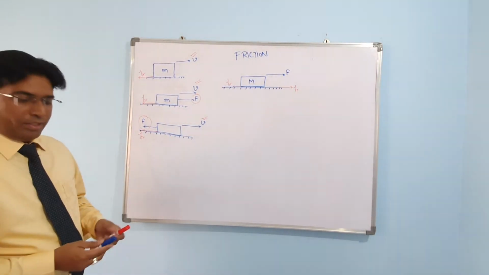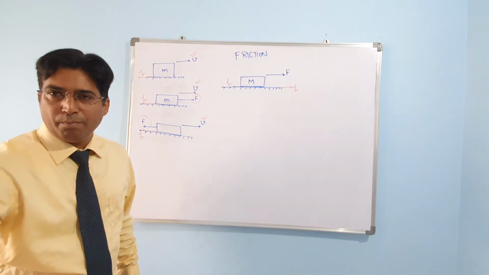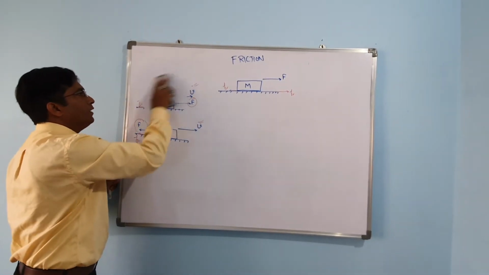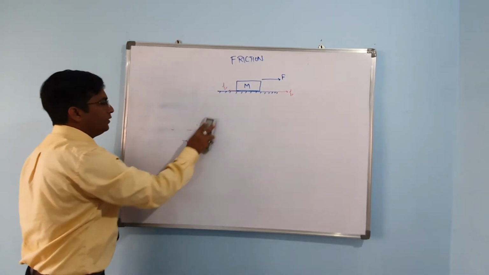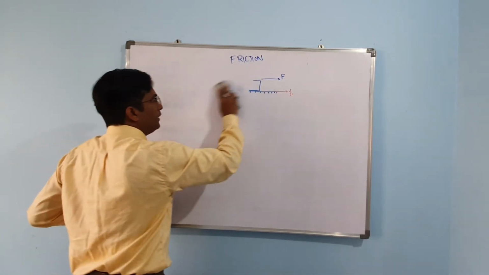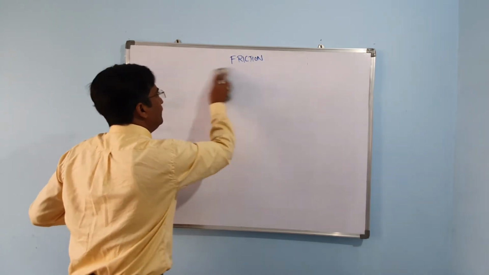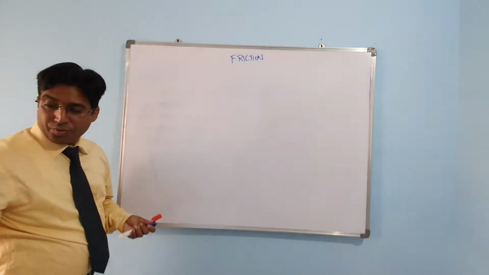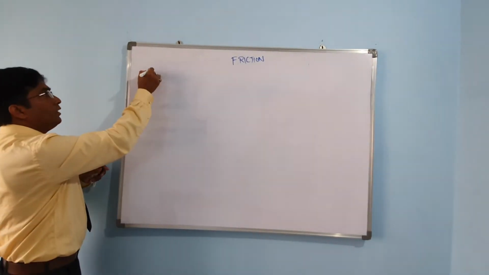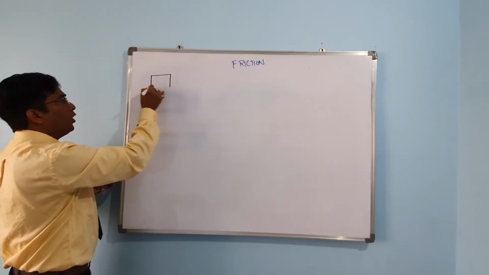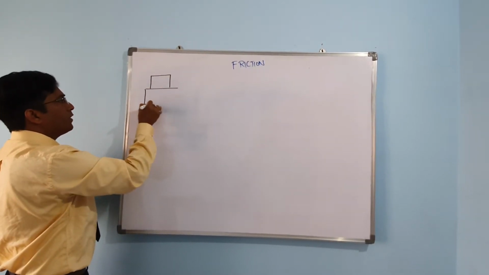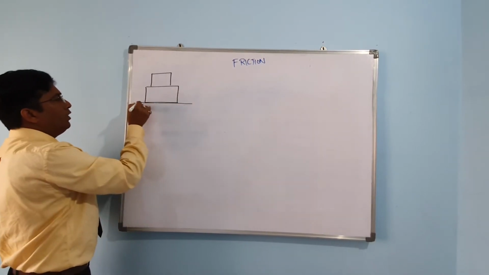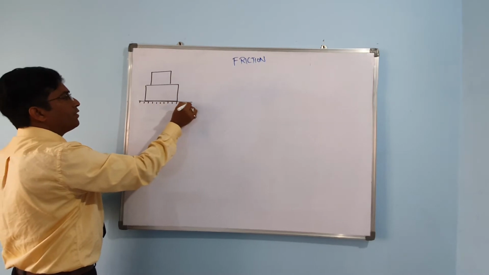This is for the single block. Now let us take the case of multiple blocks. Suppose I have two blocks, somewhat like this, and the two blocks are kept over a horizontal surface.